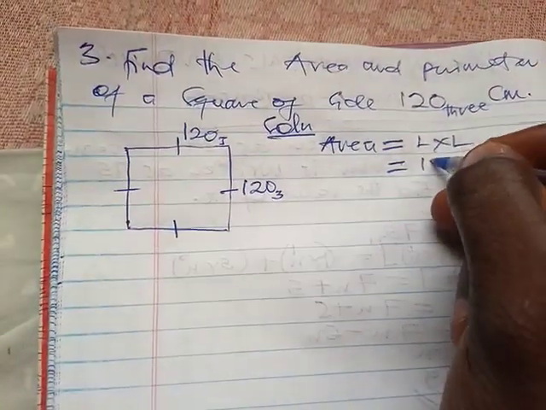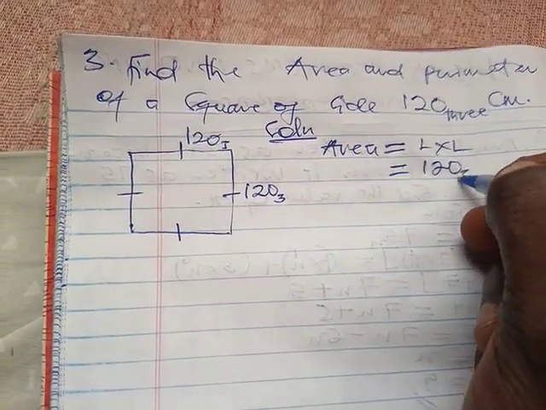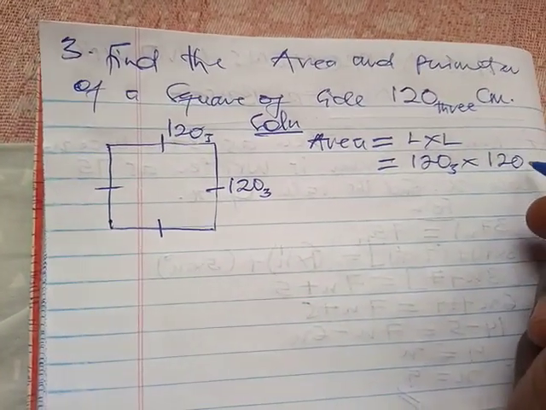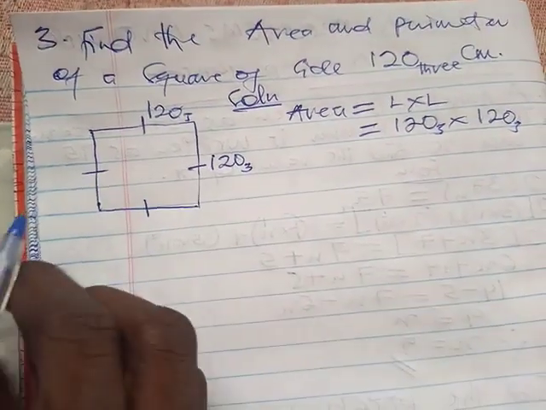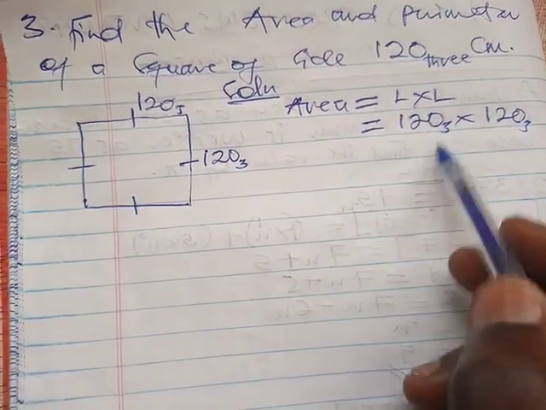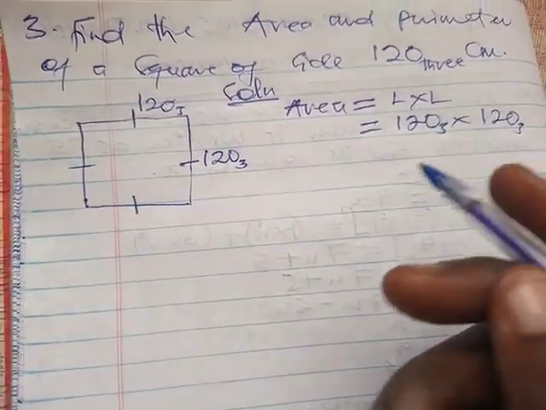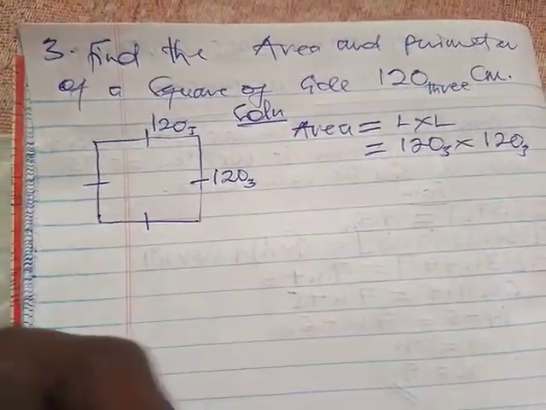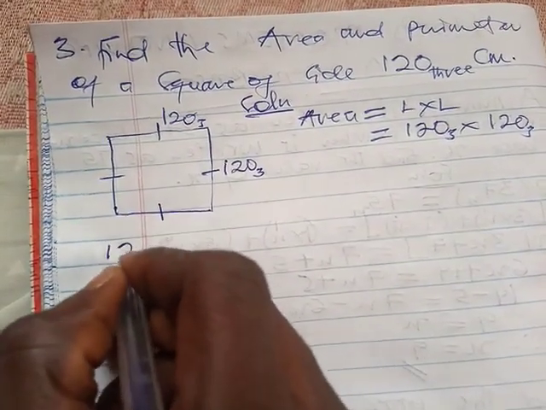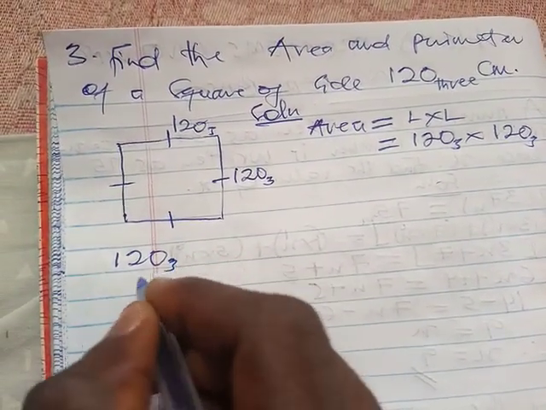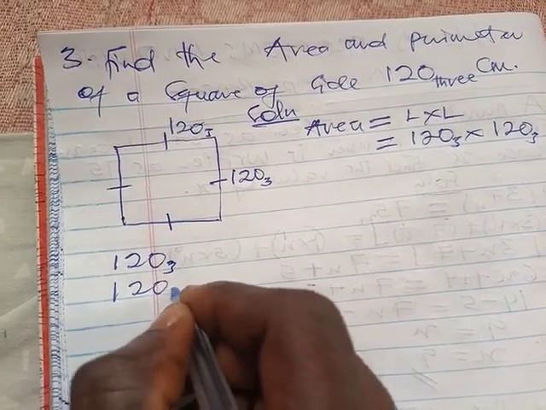So that's 120 base 3 times 120 base 3. You can either change this to base 10 and multiply it twice, or you can go by the normal multiplication approach. So 120 base 3, 120 base 3.